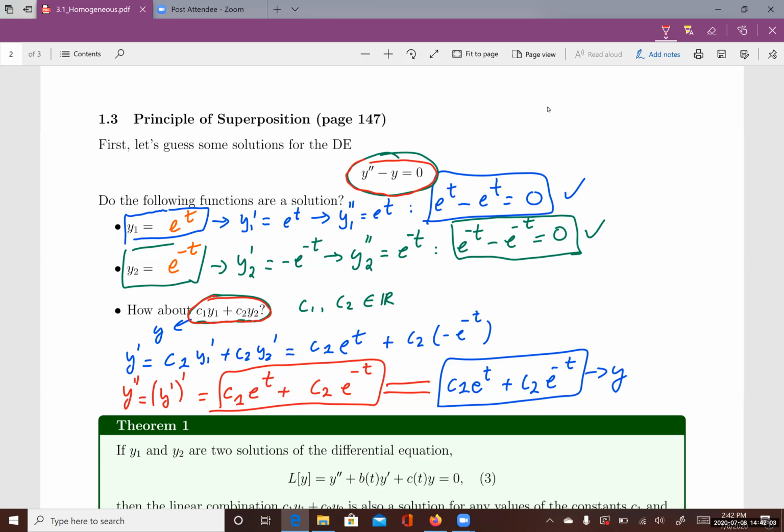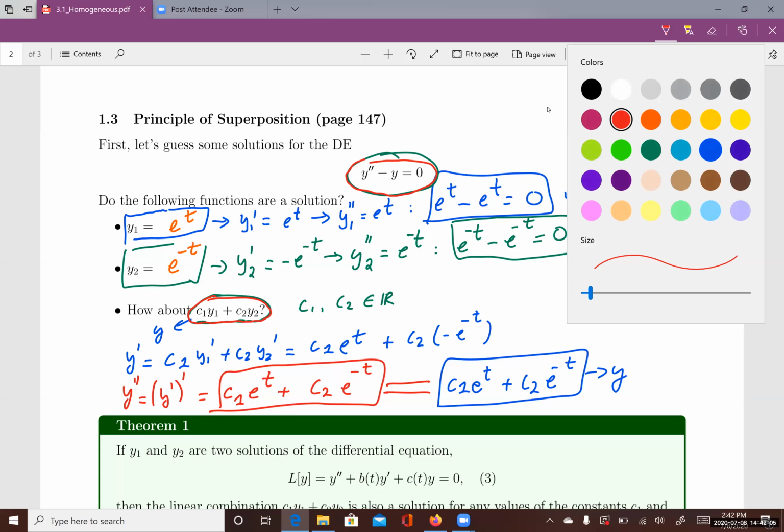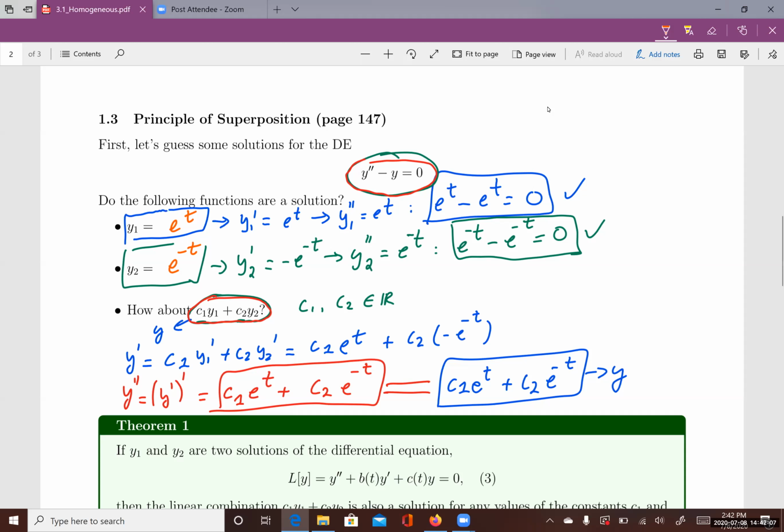That means y equals c1 y1 plus c2 y2 is also a solution. And more generally, it is the general solution to this differential equation.